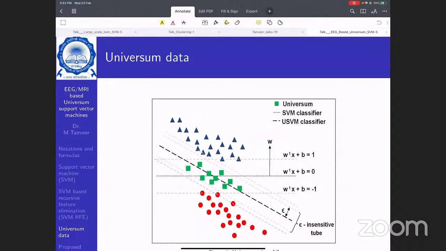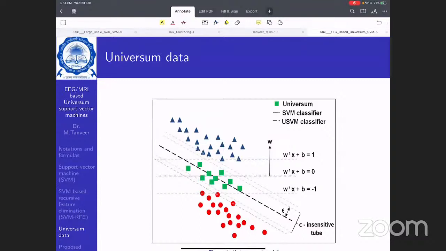Universum data, if you know, is like when a teacher comes to class and discusses some idea, suppose eigenvalue, eigenvector, or diagonalizing, any concept. In addition to the concept given in the book, he tries to explain with some extra information, with some examples, so that you can understand better.